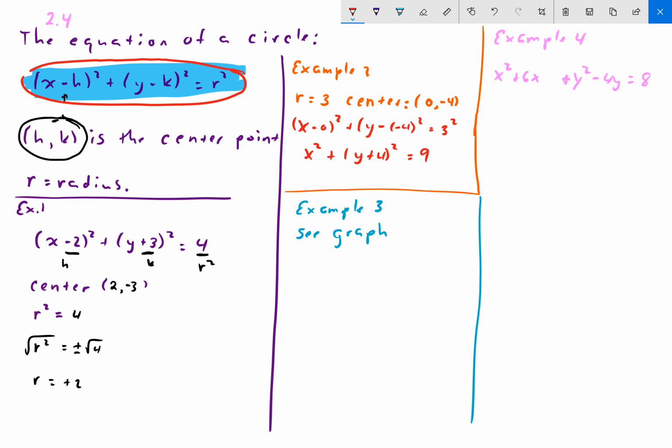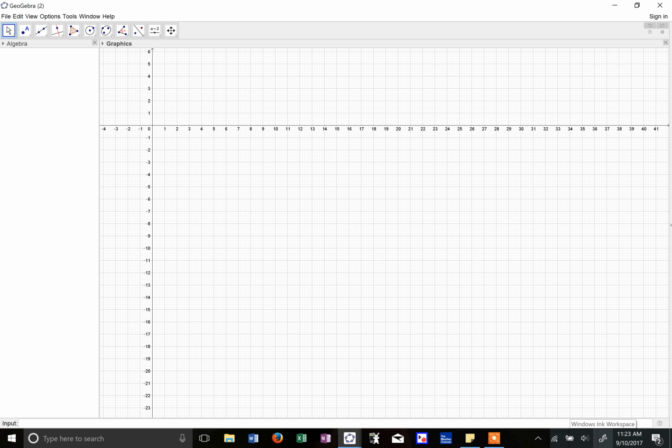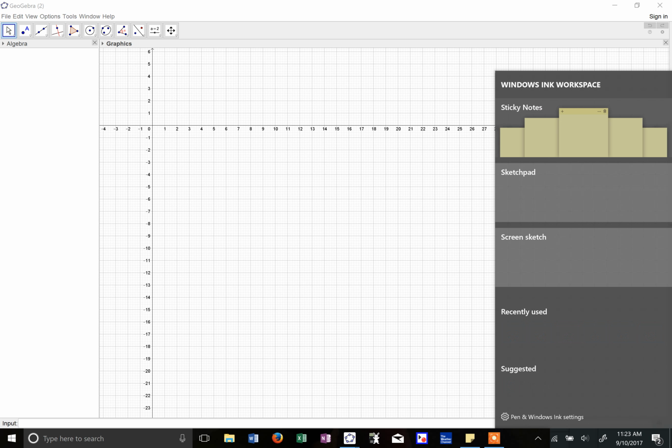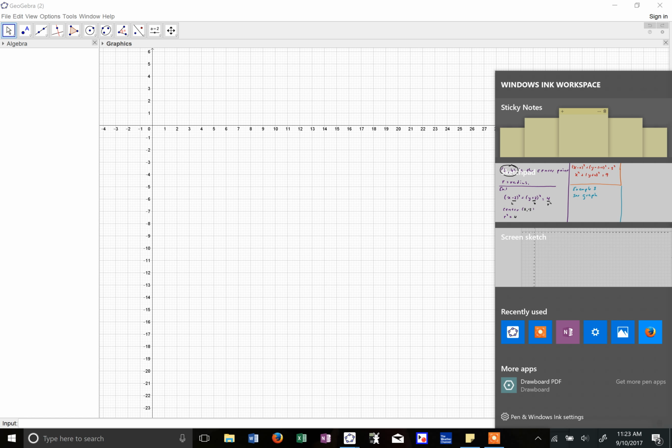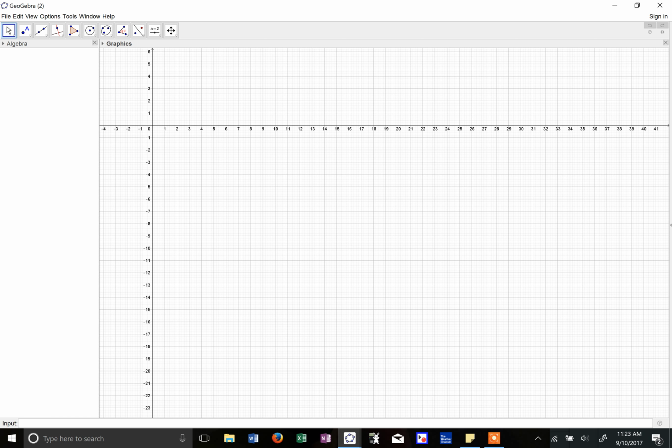So let's see, when I go over to my GeoGebra, what was that? Just want to double check. x squared plus (y plus 4) squared equals 9.